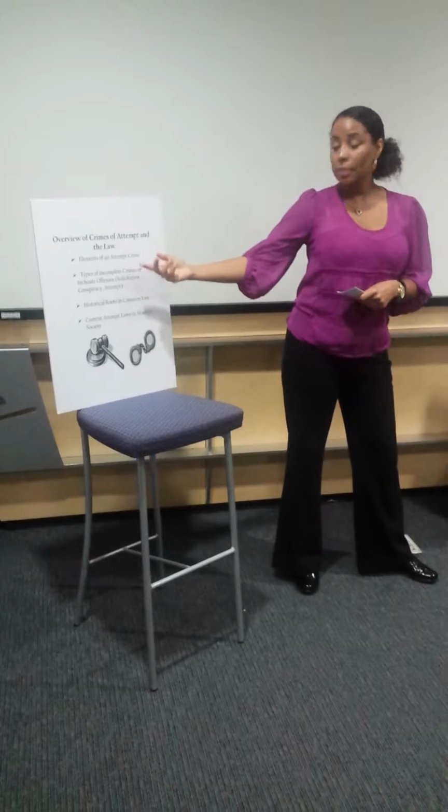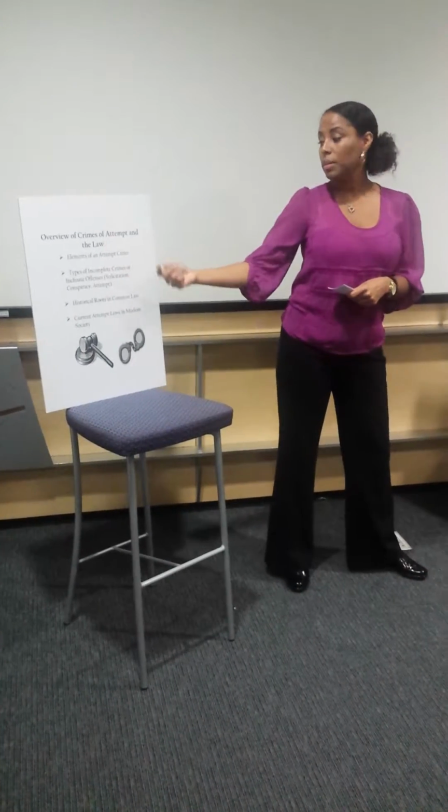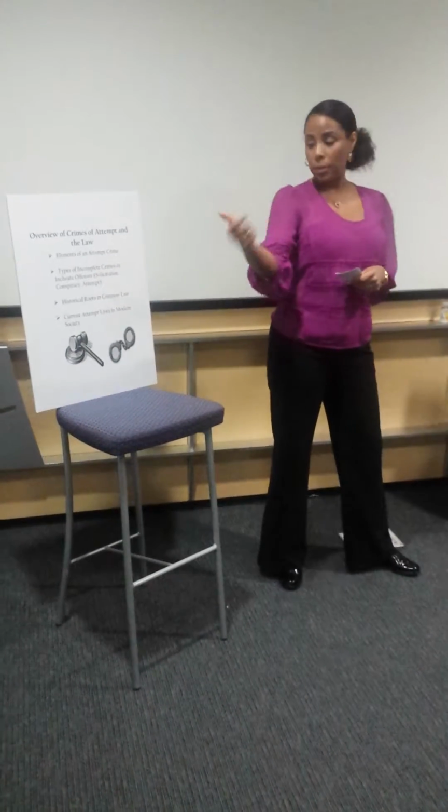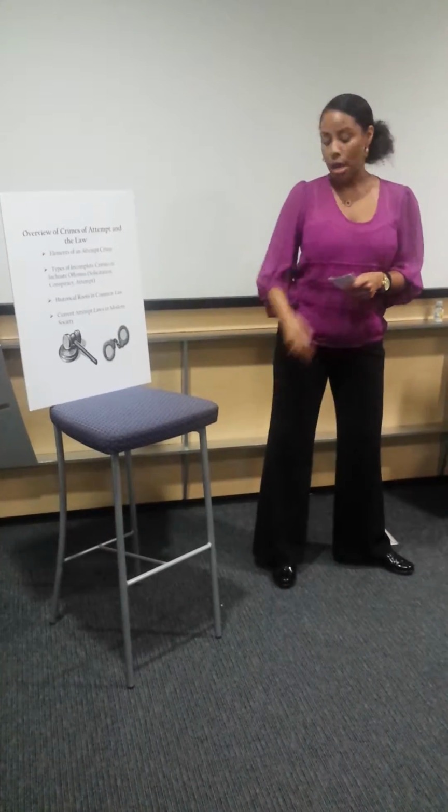Types of incomplete crimes, also known as inchoate offenses, besides attempt: solicitation and conspiracy. Historical roots in common law: we know that early English common law struggled with criminal attempt laws on the books. Current attempt law in modern society: we know that the Model Penal Code, or the MPC, gives us the substantial steps test in order to establish attempt.